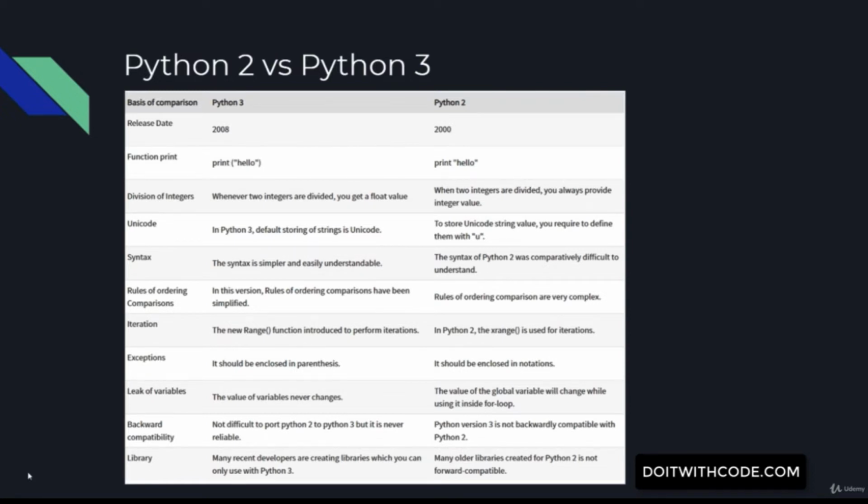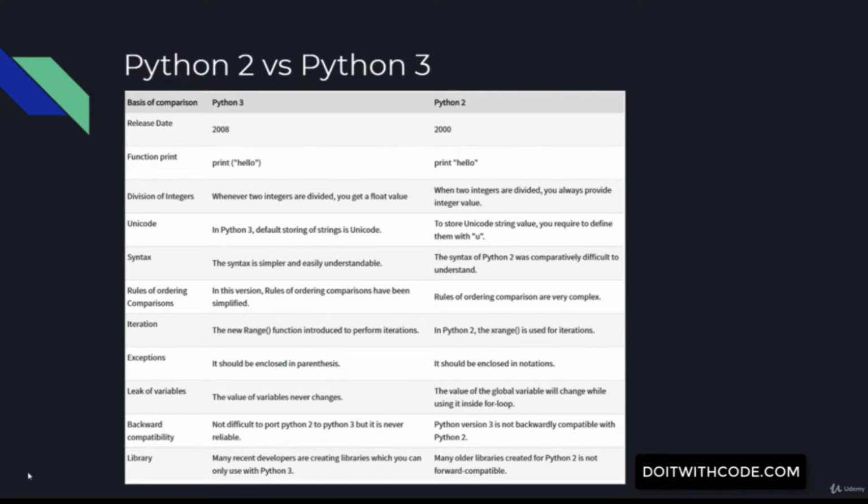You can see that if we type print hello, there are parentheses in Python 3, while there are no parentheses in Python 2. When we divide two integers, we get a float value in Python 3, while Python 2 returns the floor value as an integer.